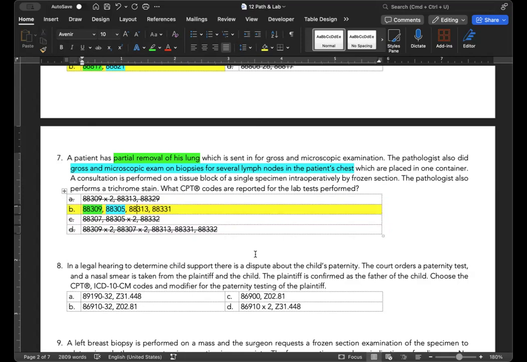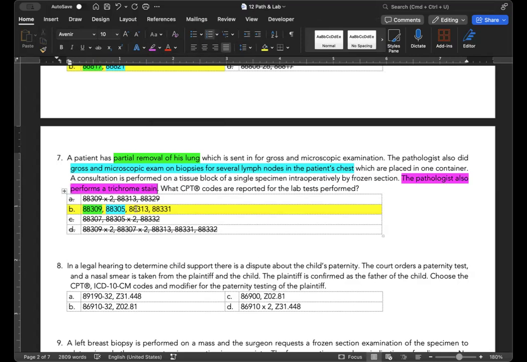But let's say we have other options that have some of the other codes. So let's look at these other codes so that we can see what they are represented with in the question. 88313 is for a special stain, including interpretation and report. Group 2, all others, such as iron or trichrome. So we also performed that trichrome stain.